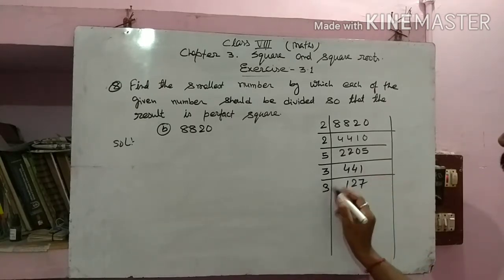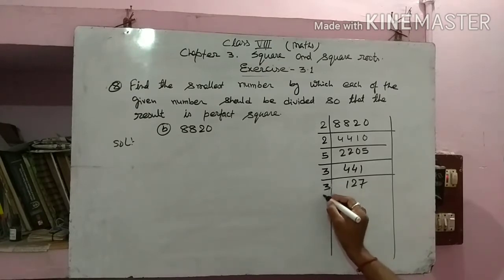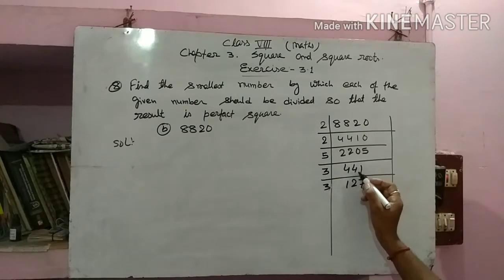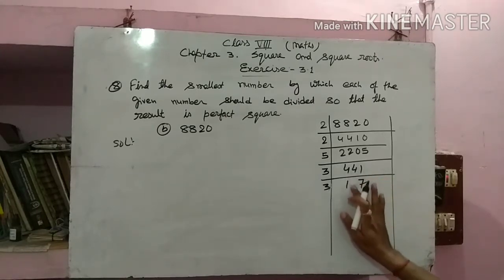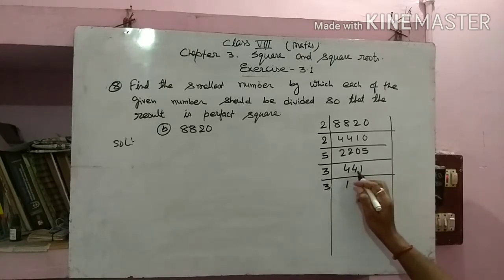Then again 3 times 1 is 3, it becomes 14, 3 times 4 is 12, then it becomes 21, 3 times 7.